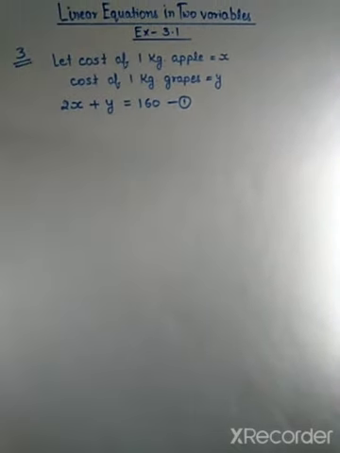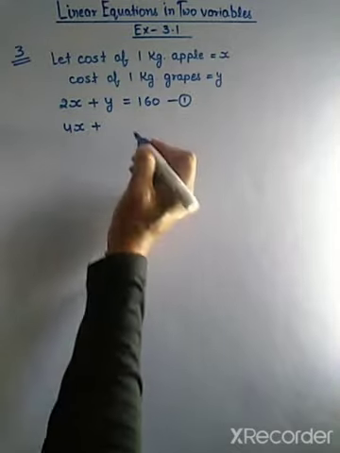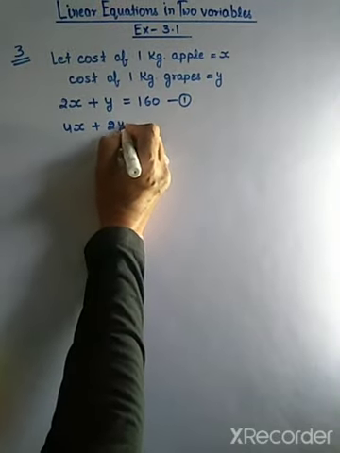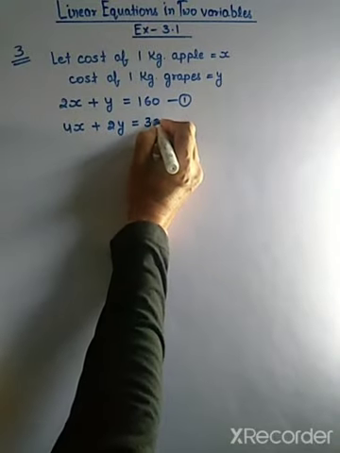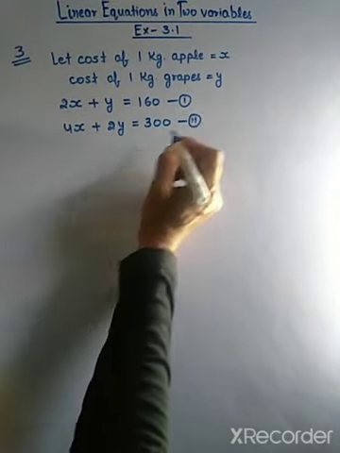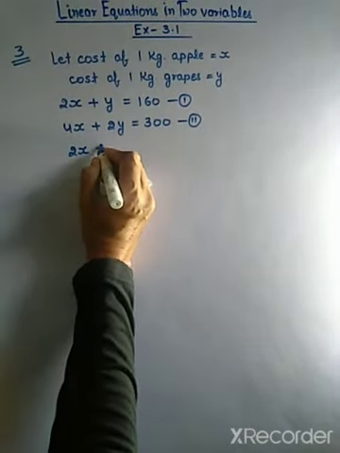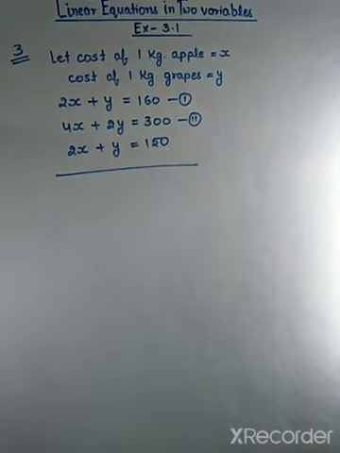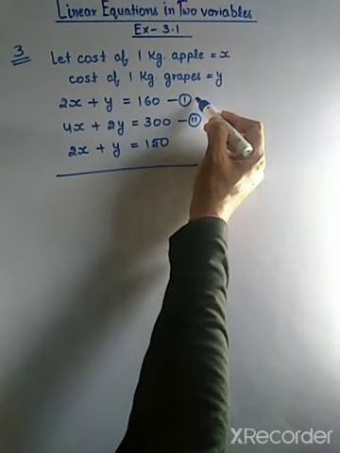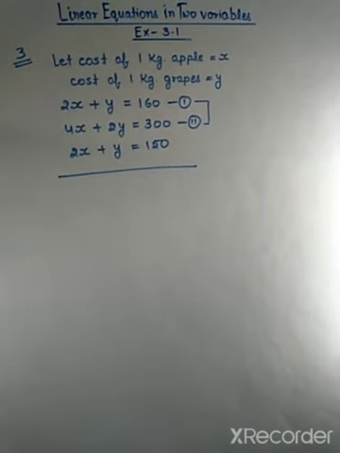In the second case, they are saying that the cost of 4 kg of apples, that is 4x, and 2 kg of grapes, that is 2y, is rupees 300, so equals 300. This is the second equation. Or in the second equation, if we divide the whole equation by 2, it will be 2x plus y equals 150. So this is the representation of the third question algebraically in the form of a pair of linear equations in two variables.